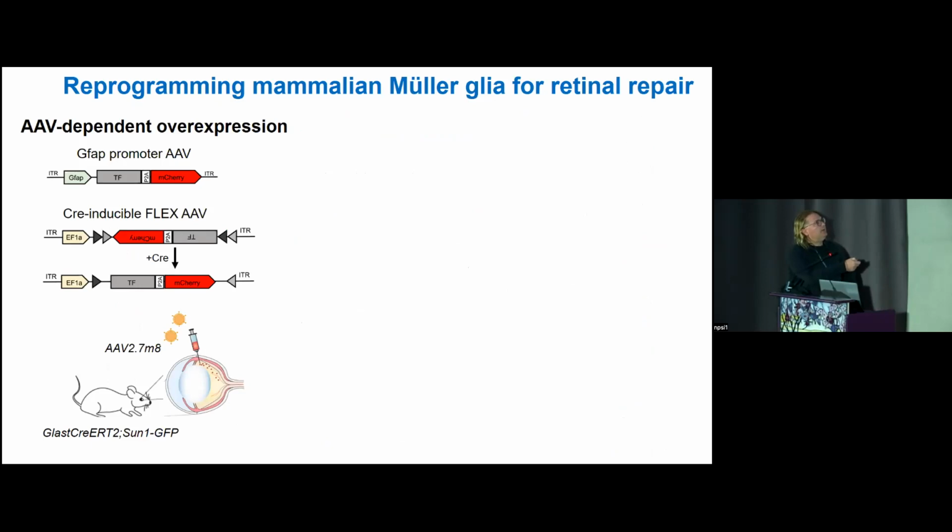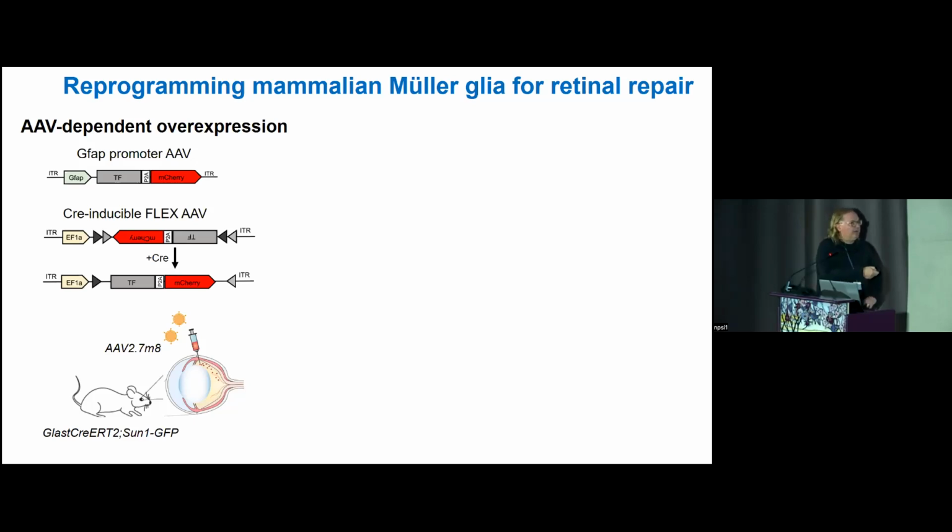We can do this either using a GFAP-minimal promoter that drives expression, usually but not always, selectively in Müller glia and should shut off in photoreceptors. Or using a Cre-dependent flex AAV, where the insert is in backwards, and Cre causes it to flip around and now express under a strong promoter.